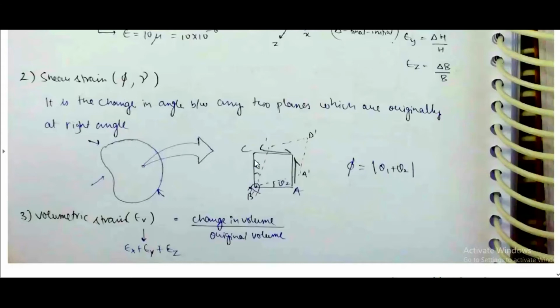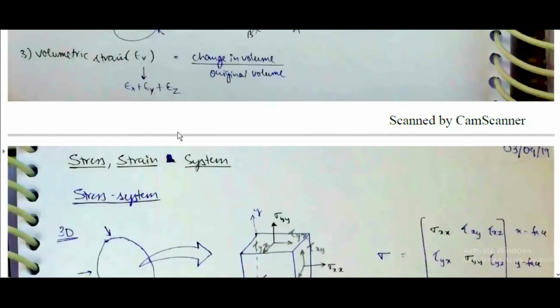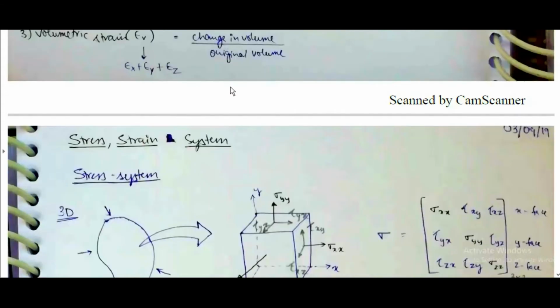If we consider a small element ABCD in this big element, initially at right angle ABC, it finally changes to A dash B C dash. The change in angles theta 1 and theta 2, shear strain is equal to mod of theta 1 plus theta 2. Volumetric strain epsilon V is equal to epsilon x plus epsilon y plus epsilon z is equal to change in volume by original volume.